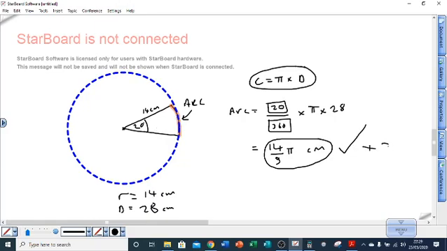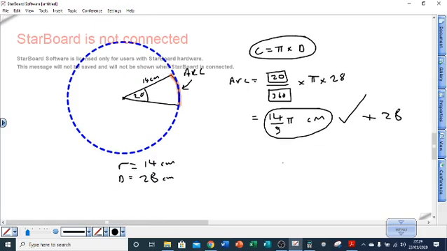You'd have to add on 28, and that's how you'd write it. 14 pi over 9 plus 28, lots of centimeters. That would be the full perimeter, outside length, all around here. Okay, I didn't ask that, I just asked for the arc, but some questions will ask for the full perimeter.